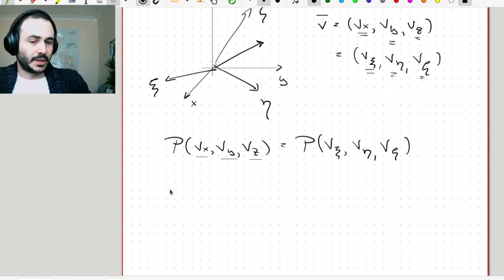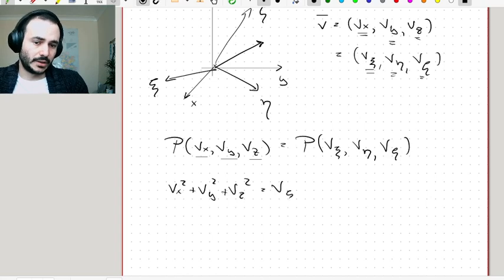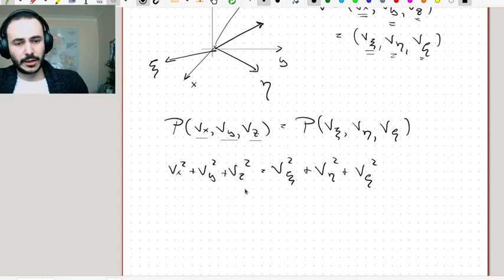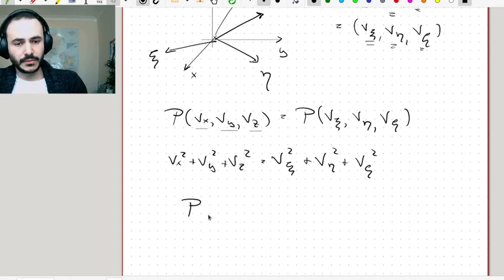What it means is that vx squared plus vy squared plus vz squared is going to be equal to v chi squared plus v eta squared plus v zeta squared, or the composition of the vector in any reference system you like. So the probability depends on the modulus of the velocity.